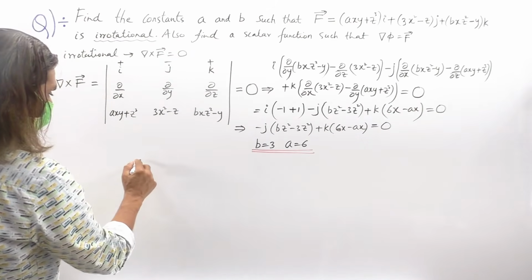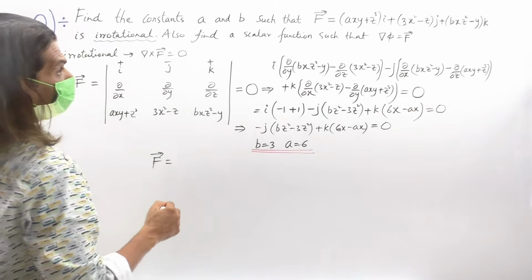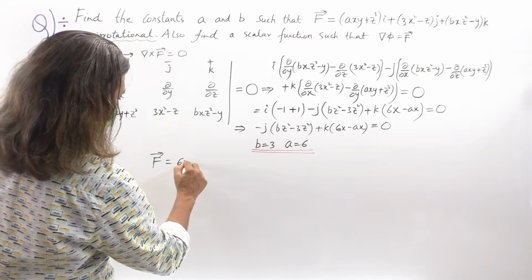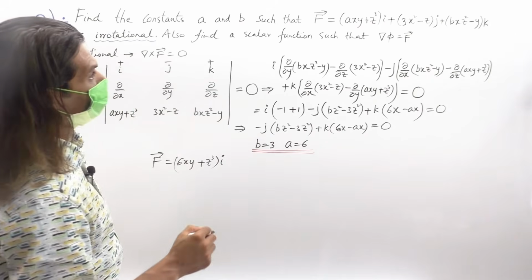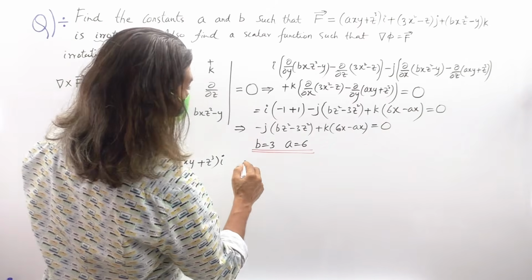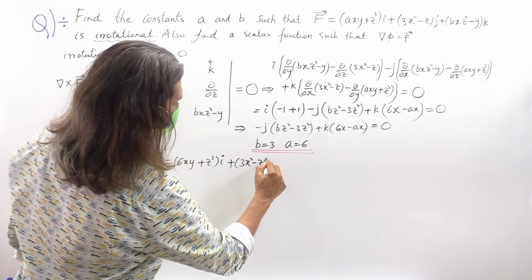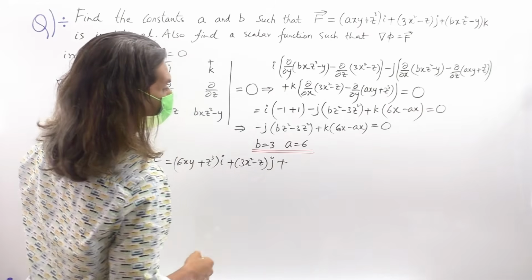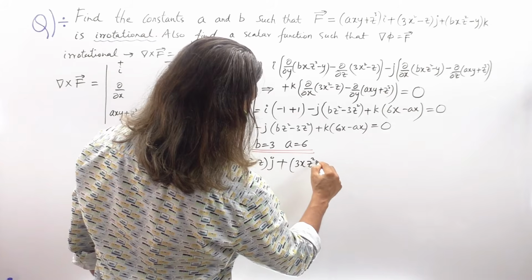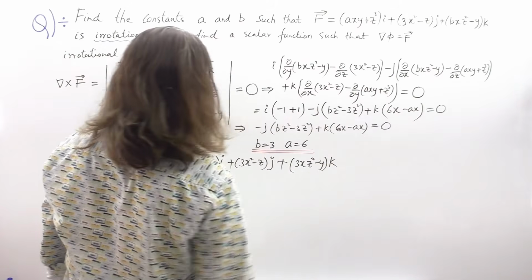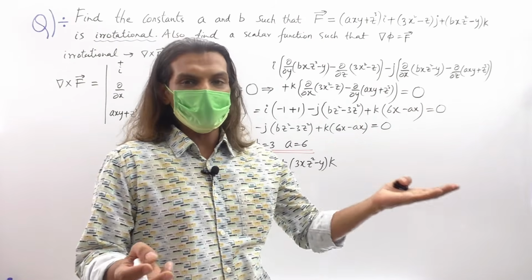So we have f vector is equal to (6xy plus z³) into i, plus (3x² minus z) into j, plus (3xz² minus y) into k. This is my vector. Now the condition to find a scalar function is del phi is equal to f.